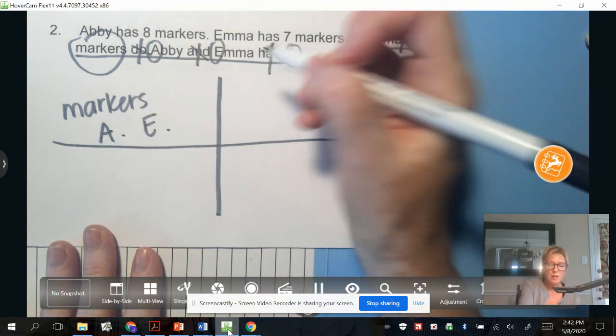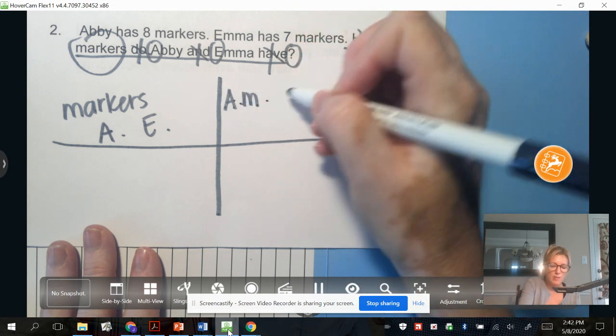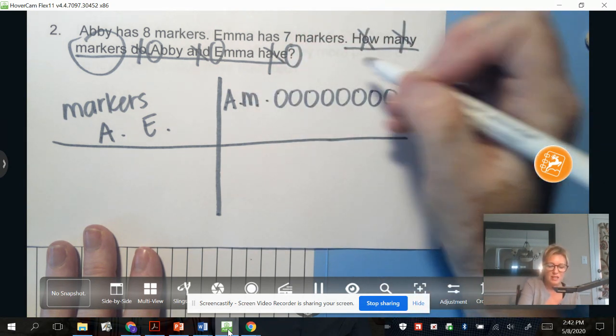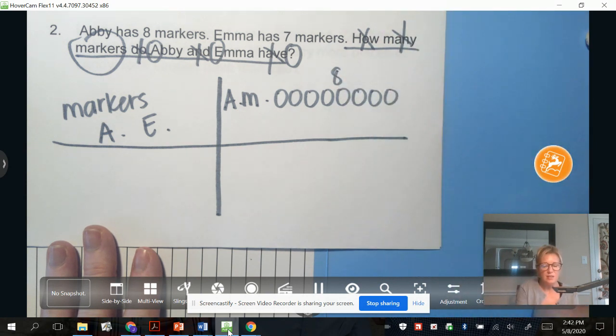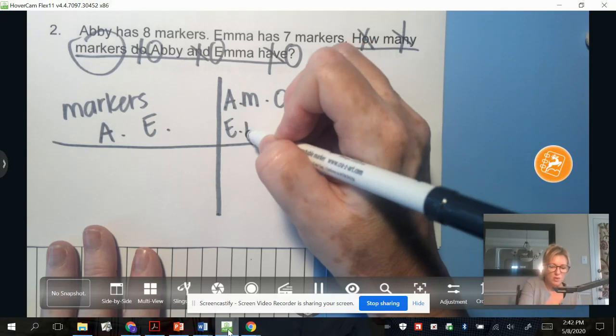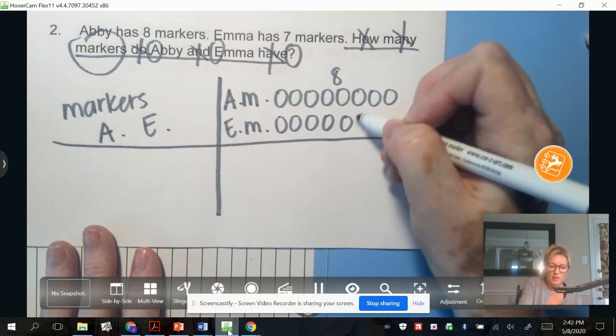All right, Abby has 8 markers. Who? Abby. What? Markers. How many? 1, 2, 3, 4, 5, 6, 7, 8. And Emma has 7 markers. Who? Emma. What? Markers. How many? 7. 1, 2, 3, 4, 5, 6, 7.